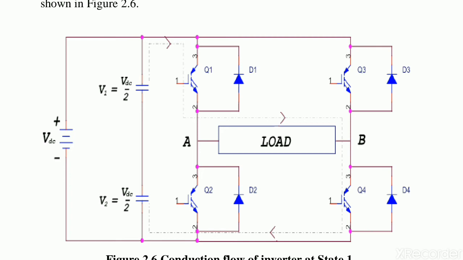So the direction will be Q1 to point A to point B, that is from left to right through this load, then Q4 and then VDC. So please remember this direction.